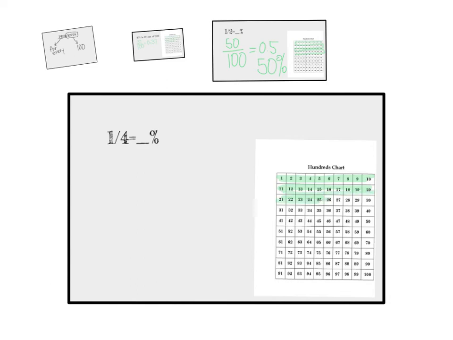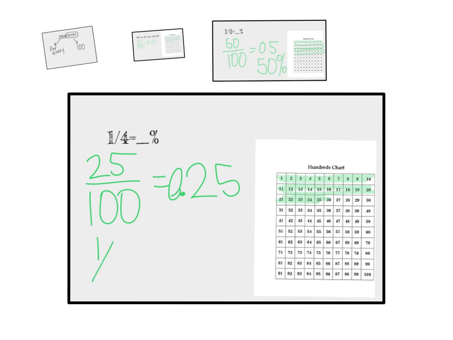I know that 25 is half of 50. So that would be about a quarter of 100. So I know that 25 out of 100 is 1/4. I also know that it is 25 hundredths, but we also now know that 1/4 is equal to 25%.